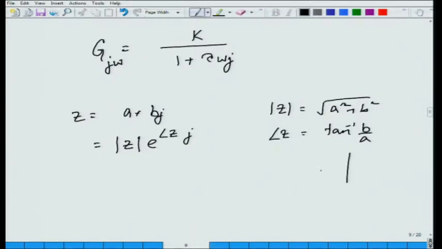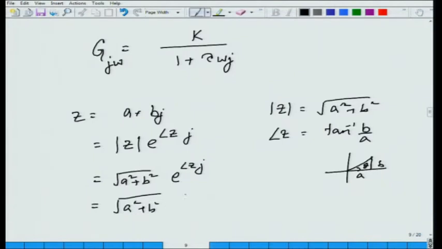So, if you have an angle, this is b and this is a, and this is the angle, let's call this angle theta or angle of z, then this is square root a square plus b square times e to the power angle of z j, and by the Euler identity, that is equal to square root a square plus b square times cos angle of z plus j times sin angle of z.